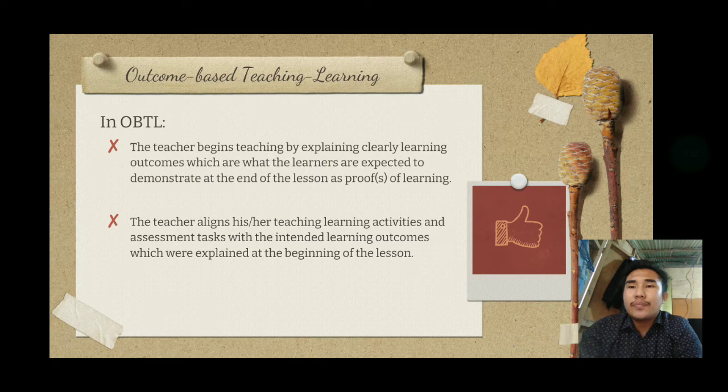So in here, we will be able to measure that the motivation of the students in outcome-based teaching learning is high. So it says here that the students learn more about a certain topic if the outcome-based teaching learning is well explained and very clear to the students.